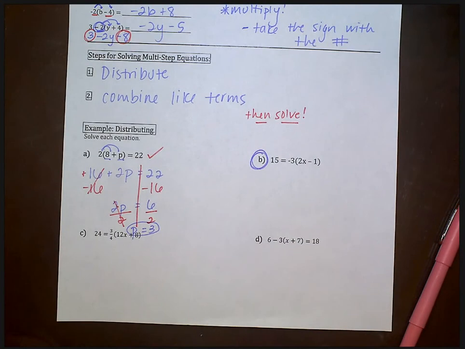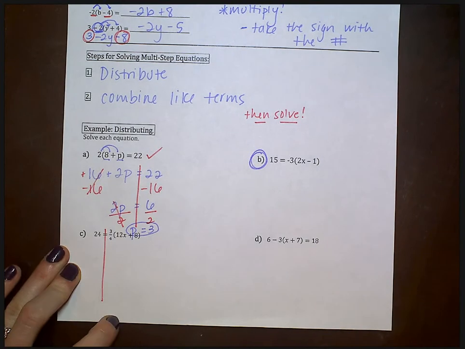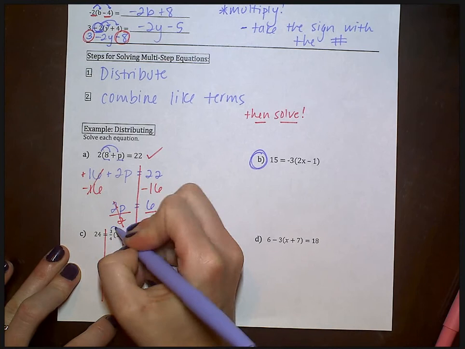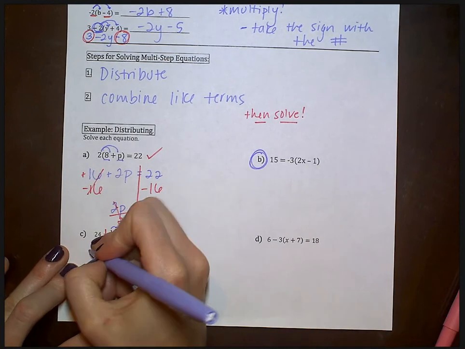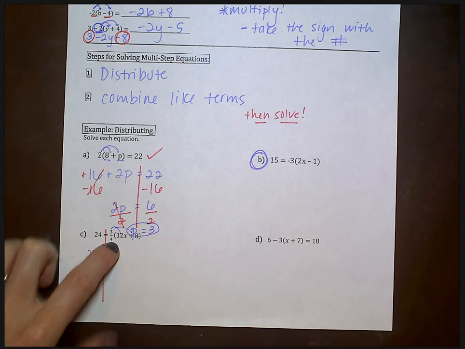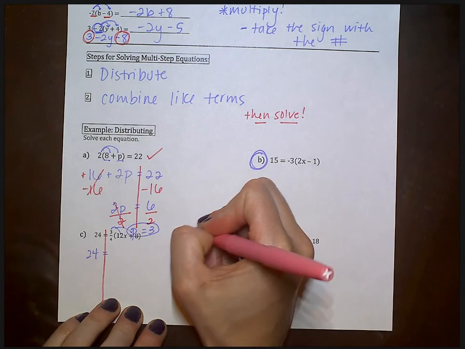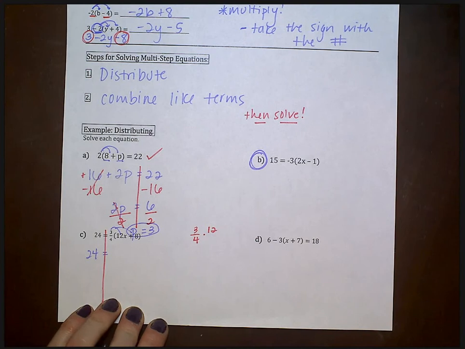Example C, I've got distributing. I'm going to draw the line through the equal sign. Oh, fun! I'm distributing a fraction. This will be good times. All right, let's bring down the 24. Haven't done anything with that yet. Now I need to do 3/4 times 12. So off to the side here, I'm going to work that out because I know I can't use a calculator on this first quiz.